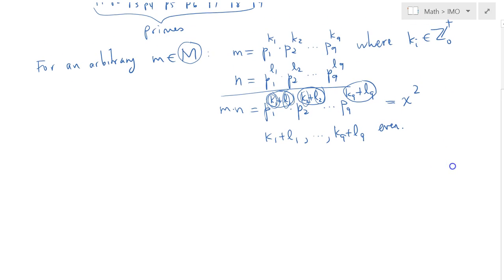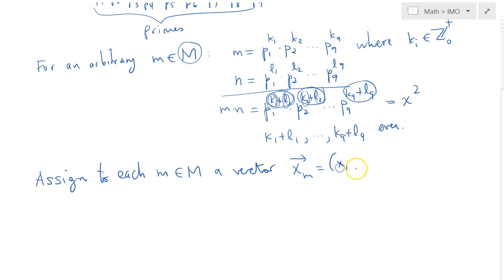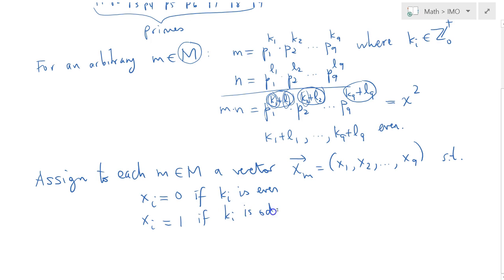That gives us an idea on how we can proceed. In fact, I will exactly pursue this route. Let's assign to each m in M a vector, a 9-tuple, let's say x sub m, as x sub 1, x sub 2, and so on, up to x sub 9, such that, that's the key definition, x sub i is equal to 0 if k sub i is even, and x sub i is equal to 1 if k sub i is odd.